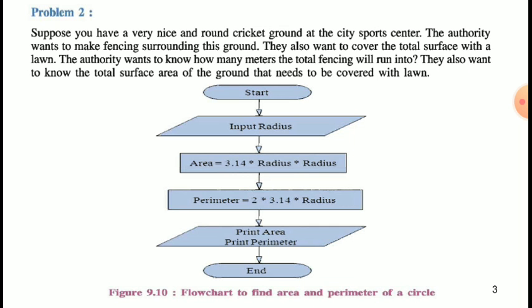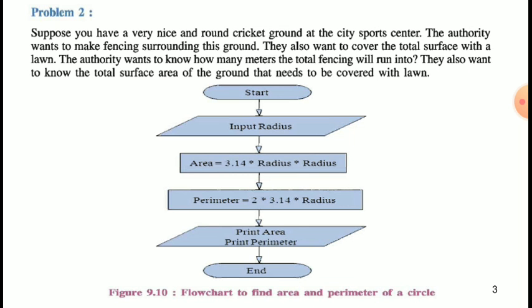The authority wants to know how many meters the total fencing will run into. They also want to know the total surface area of the ground that needs to be covered with lawn. So that is a flowchart to find area and perimeter of a circle.